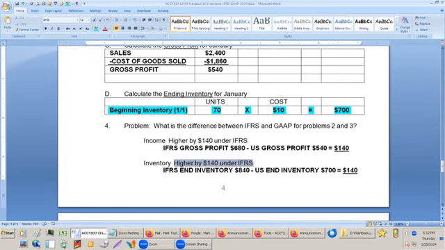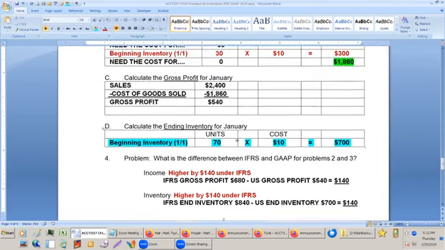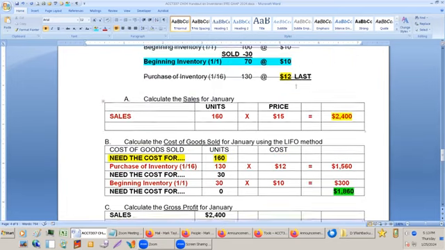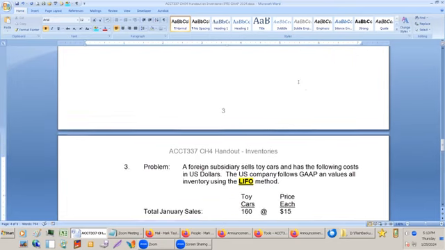And if you think about it, because they're using the lower cost for the first ones that were sold, that also means that those higher costs are still in the inventory, so they still have those higher dollar values in the inventory.